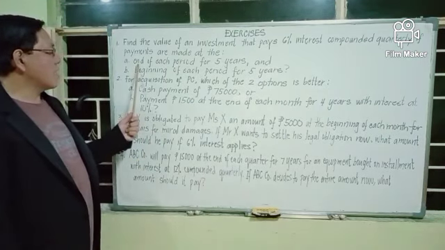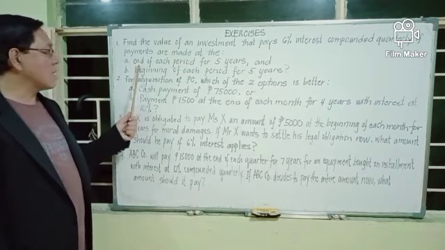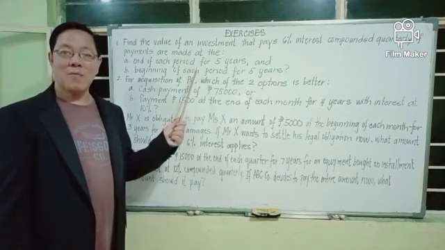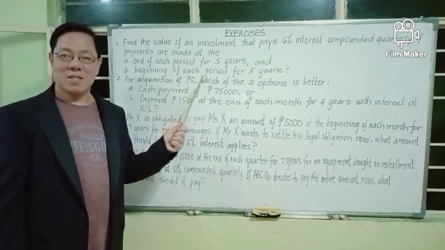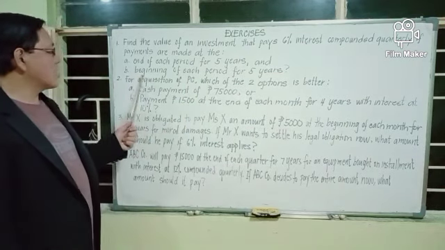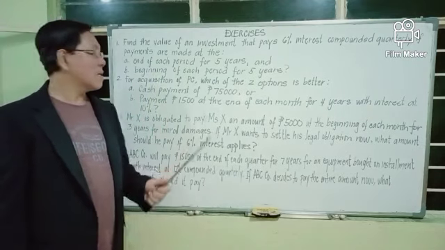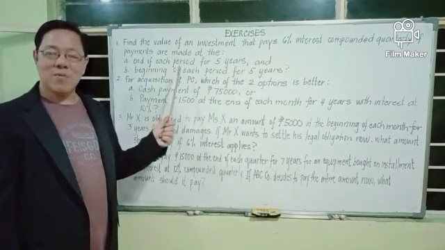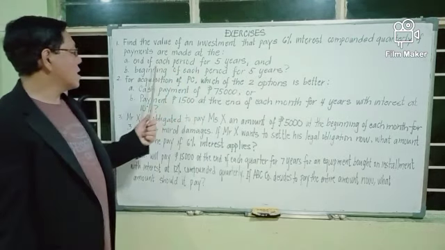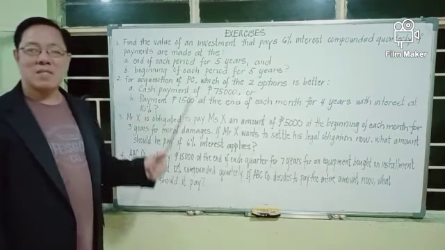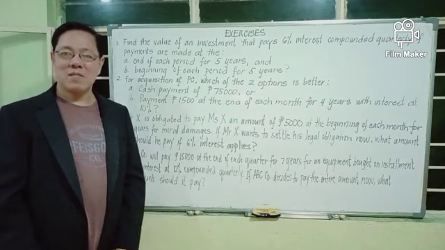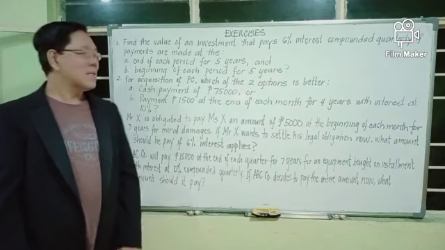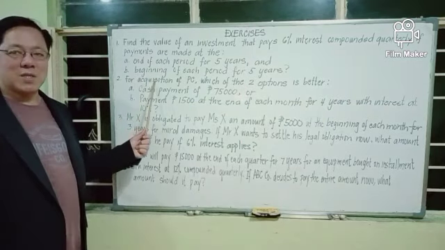In letter A, the payments are made at the end of every 3 months, while in letter B, the payments are made at the beginning of every 3 months, at the beginning of each quarter.